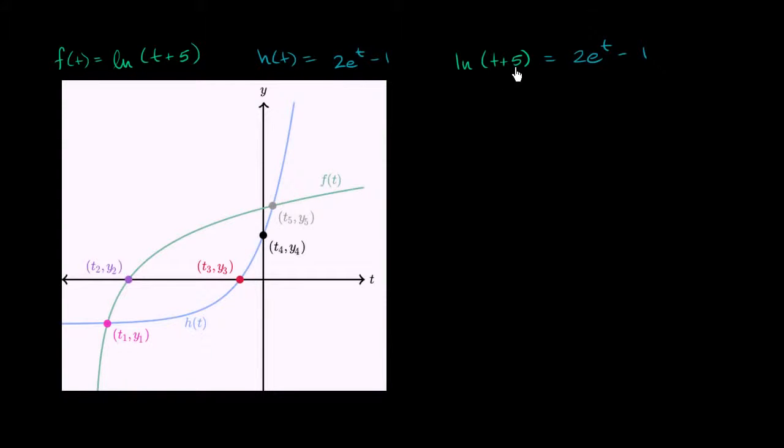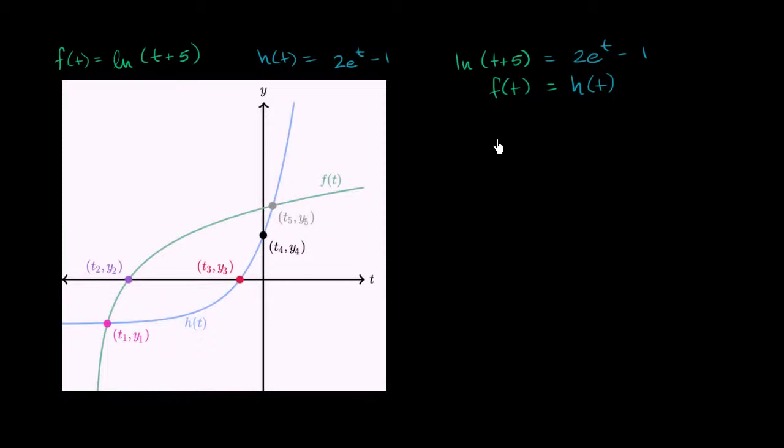And that's another way of saying, for what values of t is f of t going to be equal to h of t? Well, two functions are equal to each other at a given t if you put that t in, they both give you the same function value. In this case, if we say y is equal to f of t and y is equal to h of t, they'll both give you the same y value.